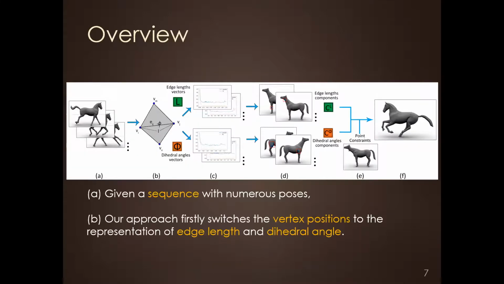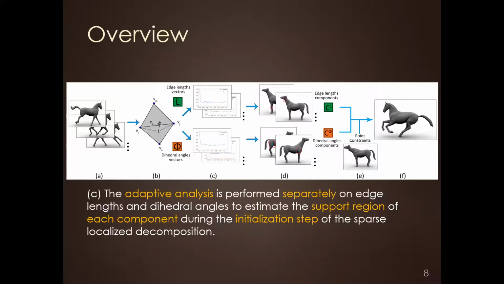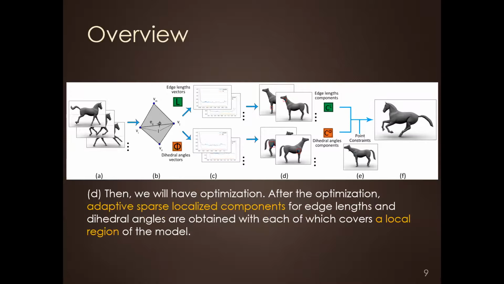And the overview is illustrated as follows. Given a sequence with poses, our approach first switches the vertex positions to edge length and dihedral angle. And the adaptive analysis is performed separately. And then we estimate the support regions of each component during the initialization step of sparse localized decomposition.